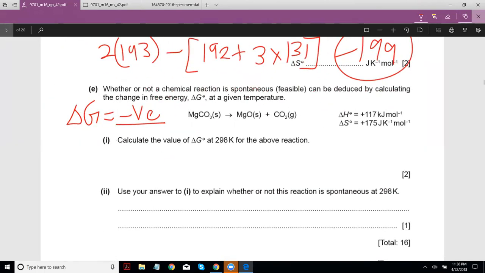Delta G is basically delta H minus T delta S. Something I used to get confused about: T can't be negative, because T is in Kelvin. Another mistake people can make is the units, as entropy is often in joules and not kilojoules, whereas delta G should be in kilojoules.